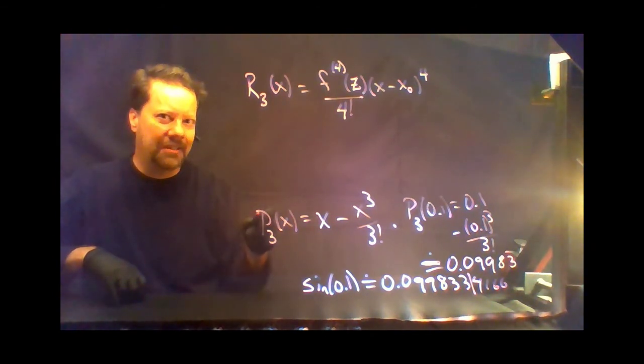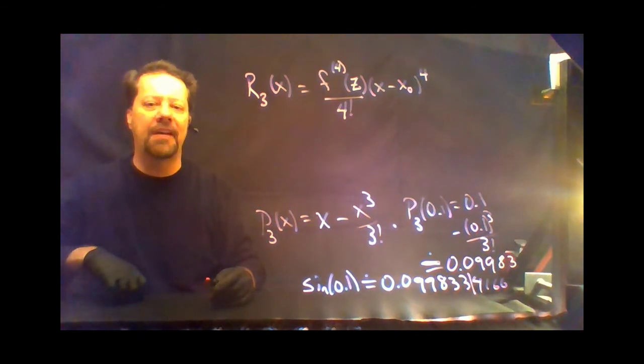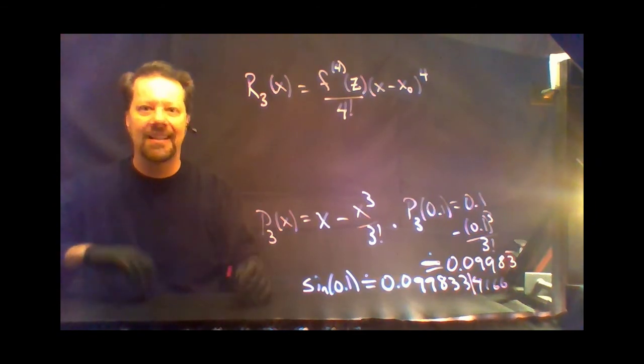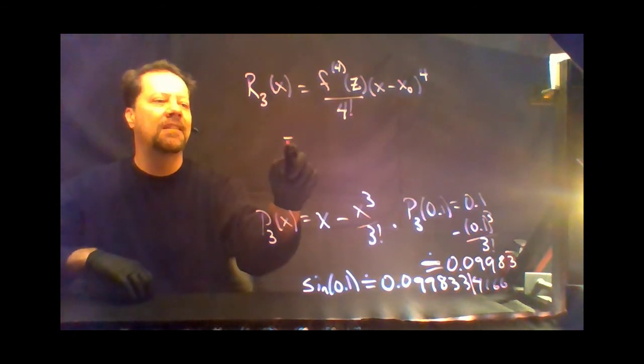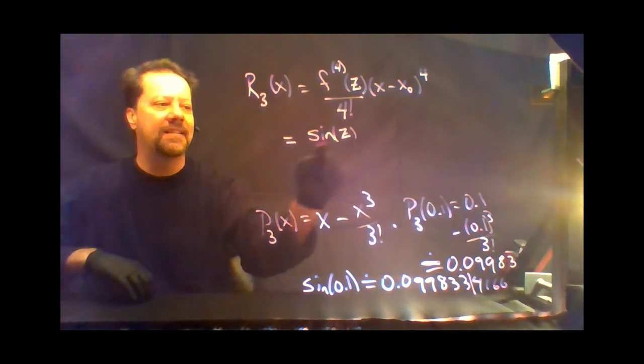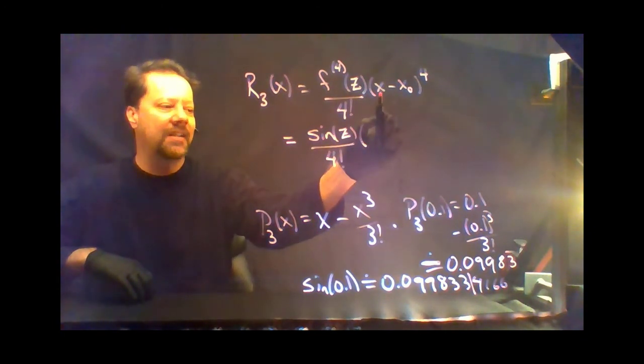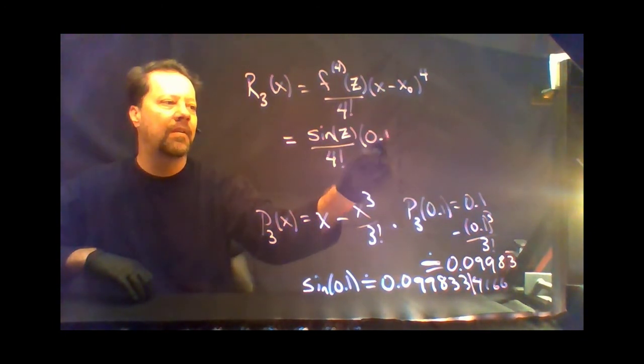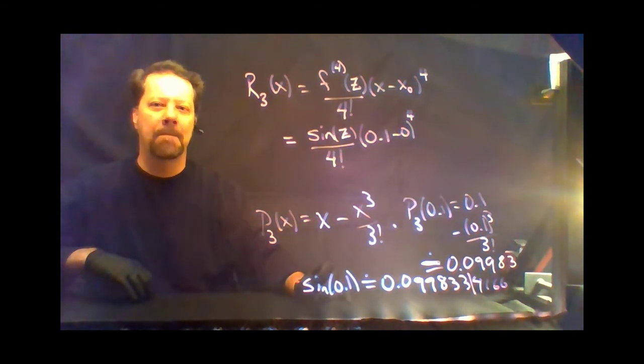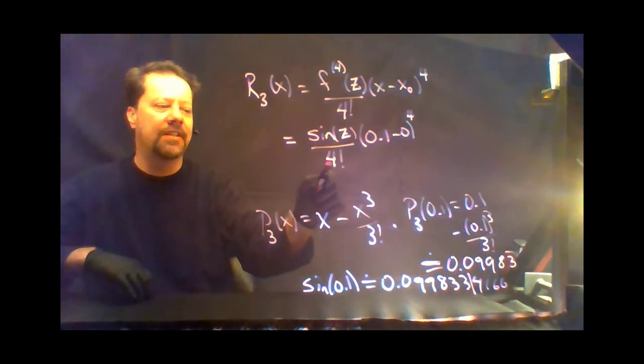If you sit down and calculate it, you'll find out that the fourth derivative of the sine function is sine of x. So in this case, we're dealing with the sine at some place z divided by 4 factorial. X naught is 0 in this case, and x is 0.1. Four factorial is 24.